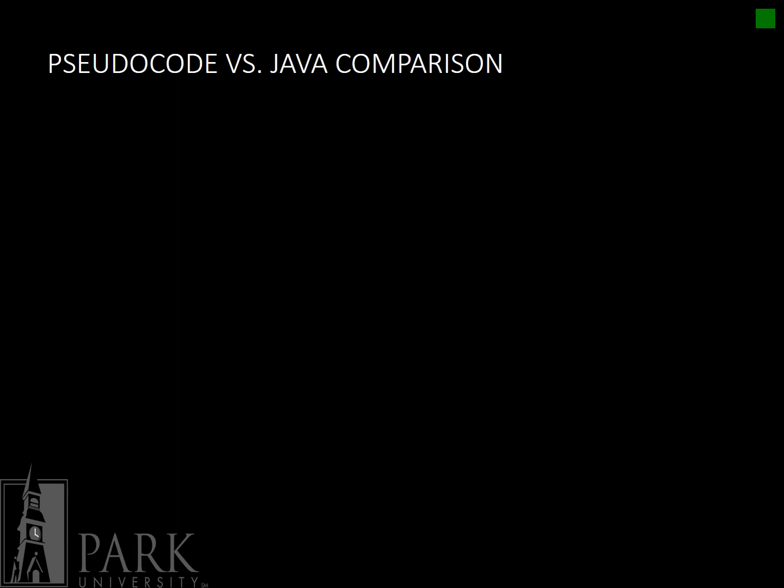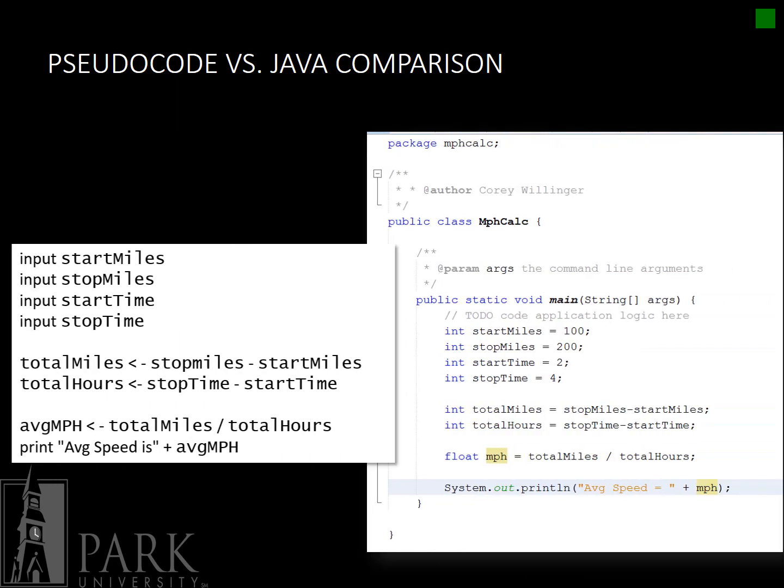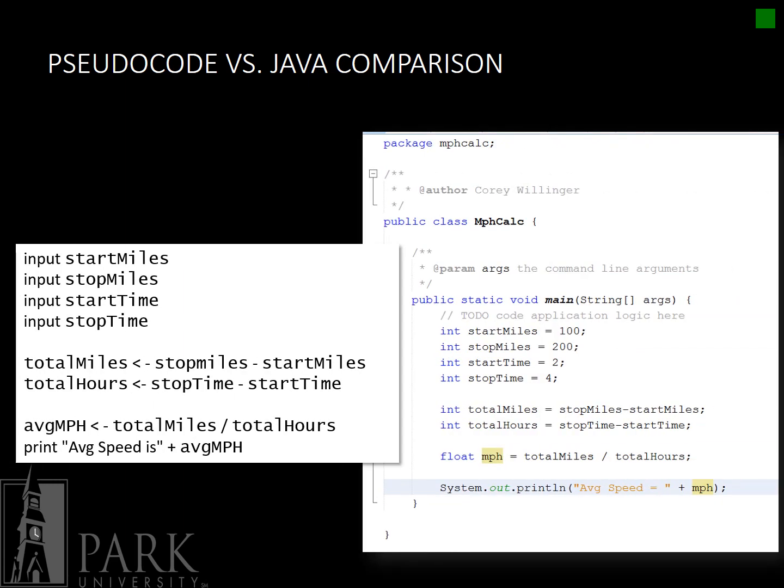So if we were to take away all the other junk on the screen and look at this again, you can see how we're defining some inputs here. We're saying we need to get some information from the user, right? Or we need to put in some information. We can see how that directly corresponds to this section right here, right?